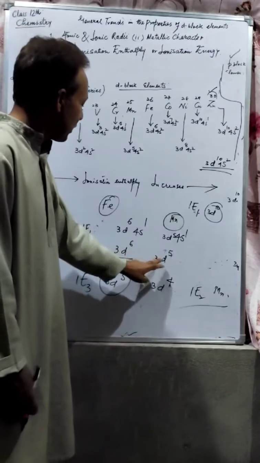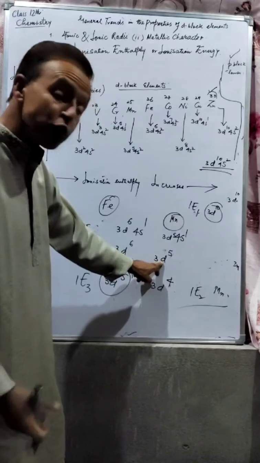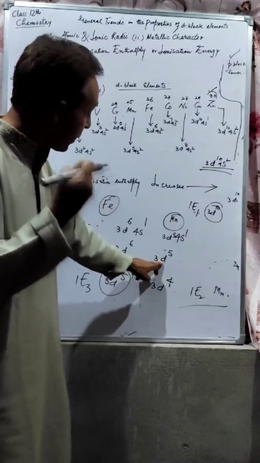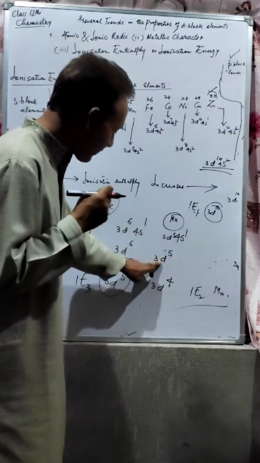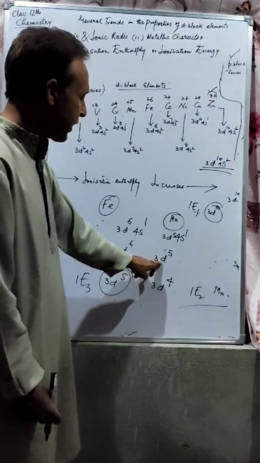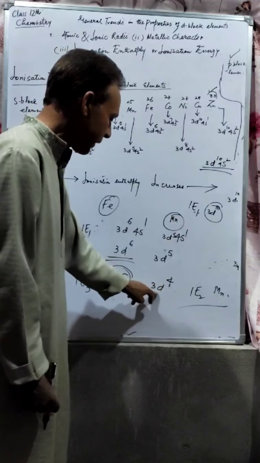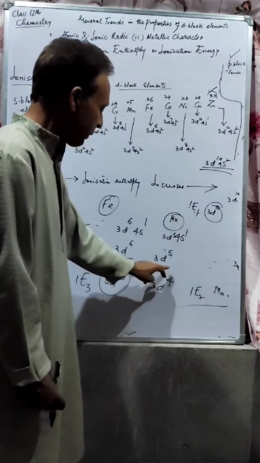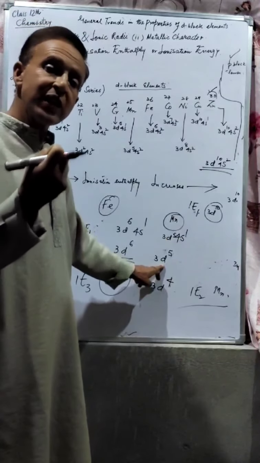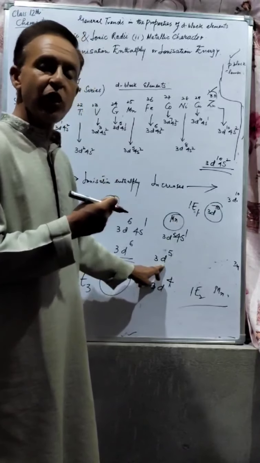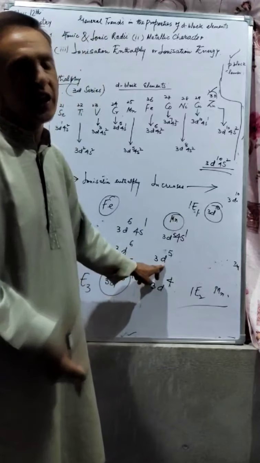In this configuration we have to remove the electron from the more stable one, because it is exactly half filled. We have to remove the electron from the stable configuration so that it becomes 3d4, because either the subshells, your orbitals, must be completely filled or completely half filled.